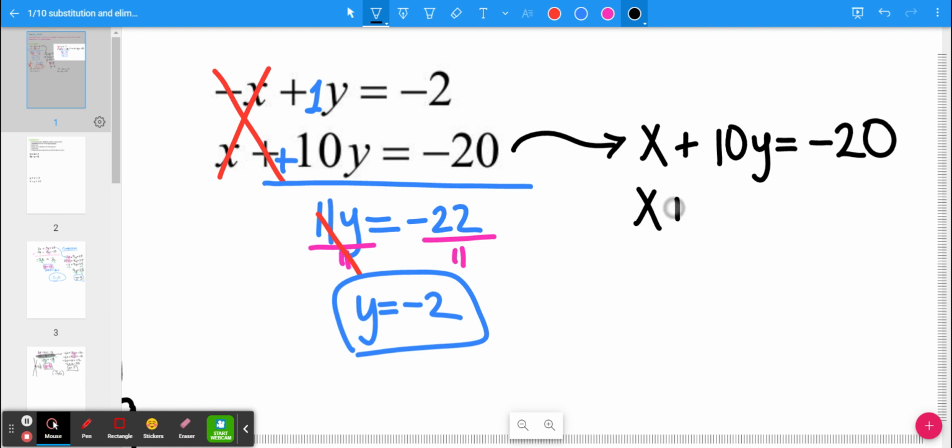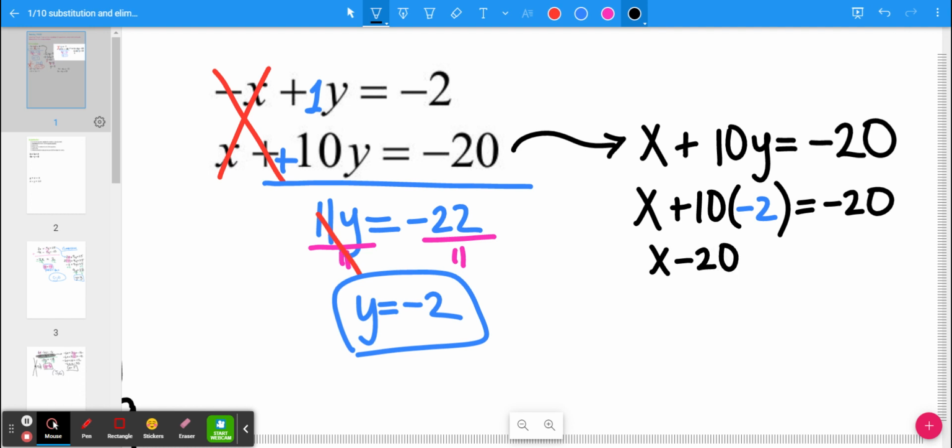So we have x plus 10, plug in a -2, equals -20. 10 times -2, -20, equals -20.